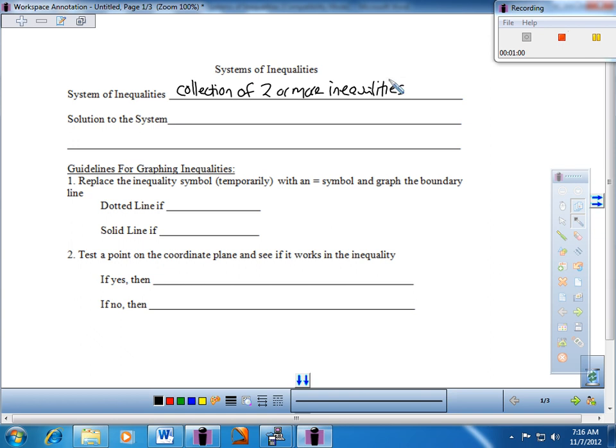So on your paper here, it says solution to the system. Obviously, in a very similar way at least, it's the values of the variables that make each inequality true. Now, how is that going to be represented?